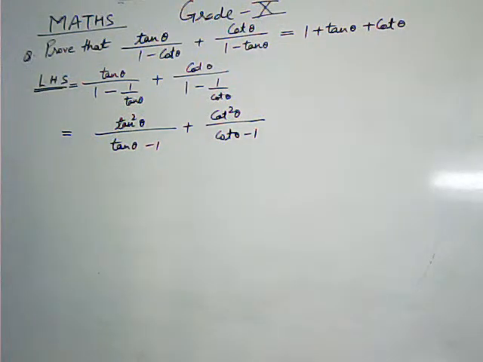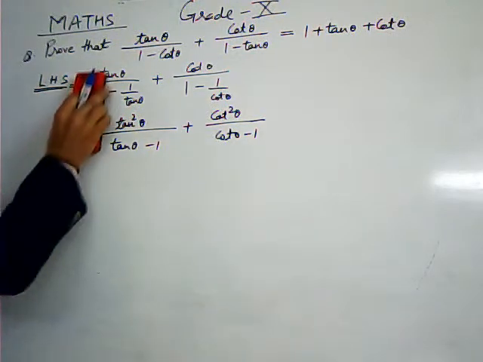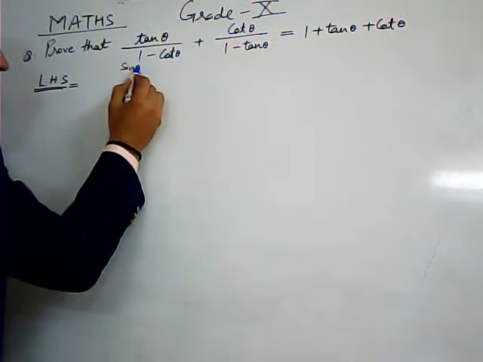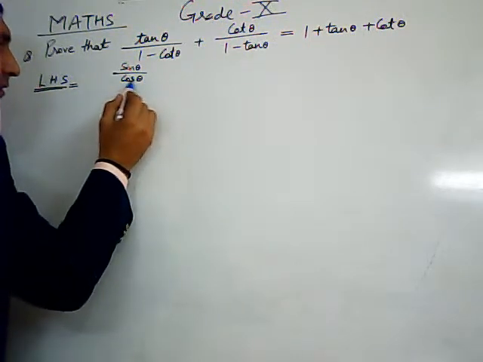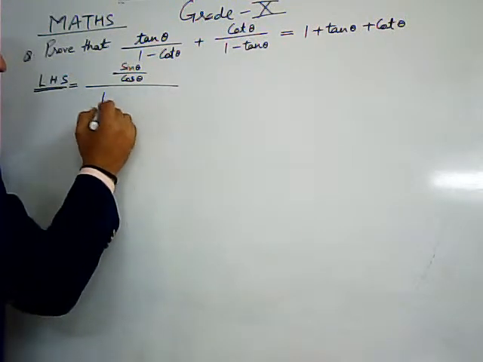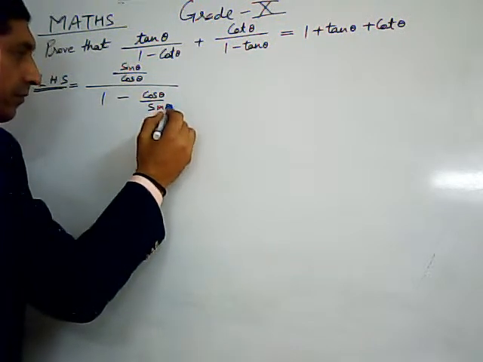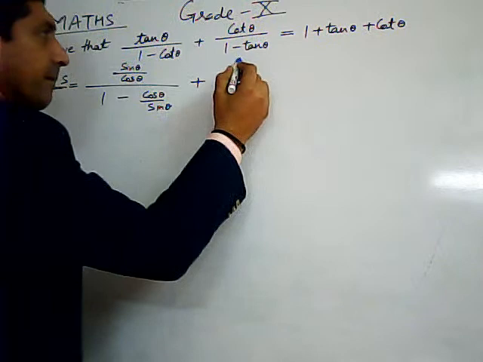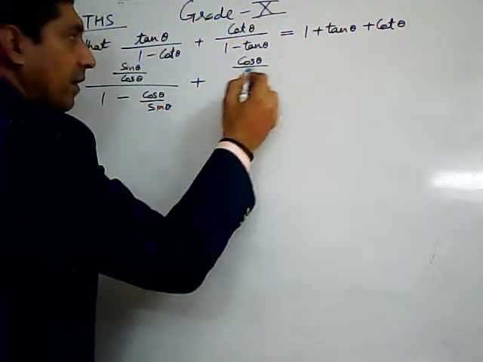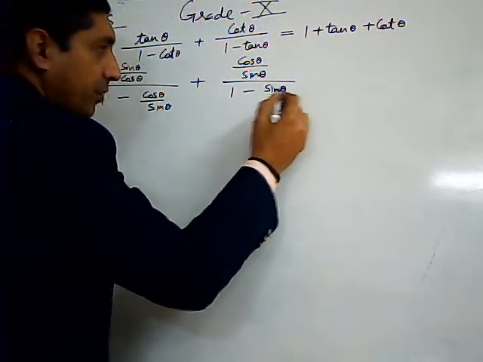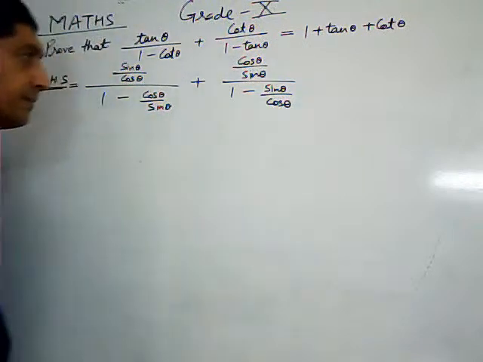So in this way, when we go for reciprocal, or do one thing, you can just change in terms of sine and cosine, right? We can write in terms of sine of theta upon cosine of theta, and here 1 minus cosine of theta upon sine of theta, and here again that is cosine of theta upon sine of theta, 1 minus sine of theta upon cosine of theta, right?